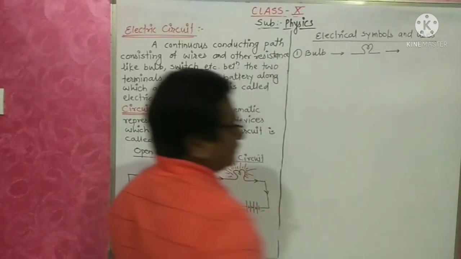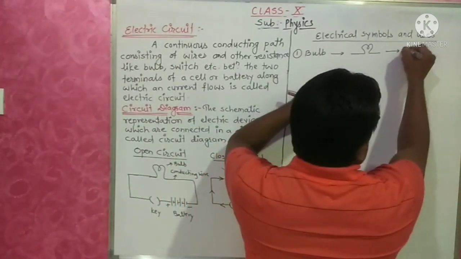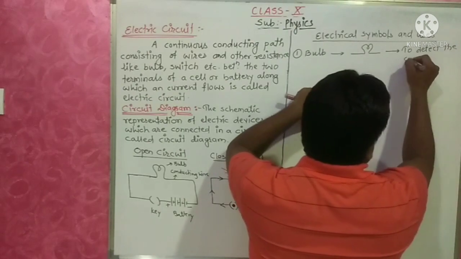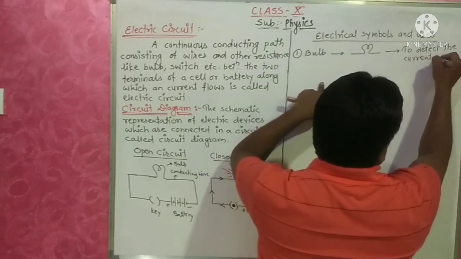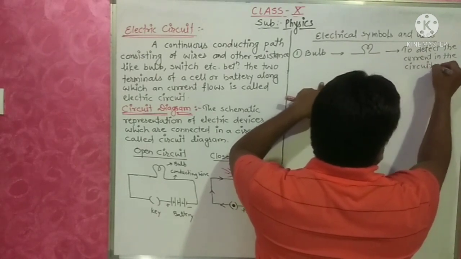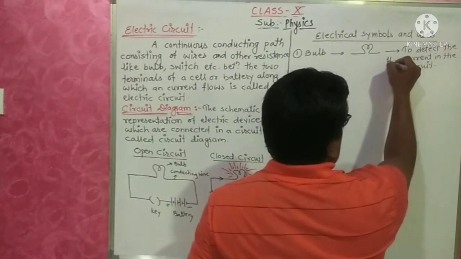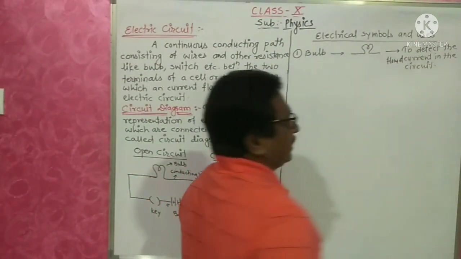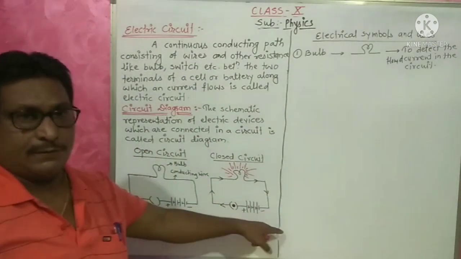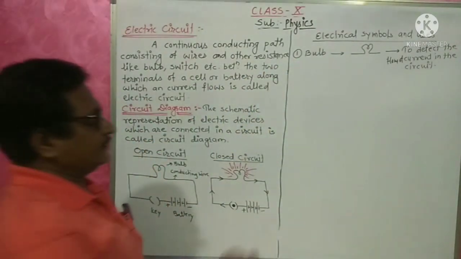What is its use? To detect the flow of current in the circuit. If the bulb is glowing, current is flowing. If the bulb does not glow, current is not flowing in the circuit.